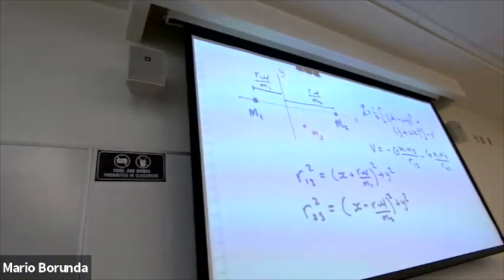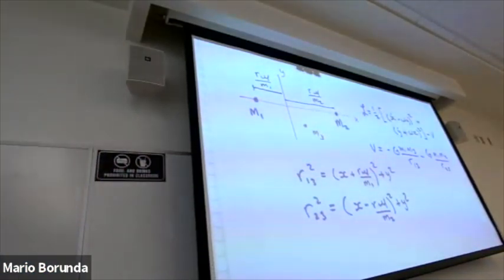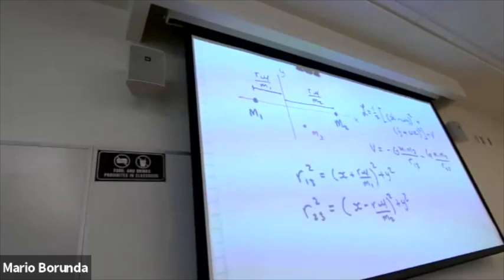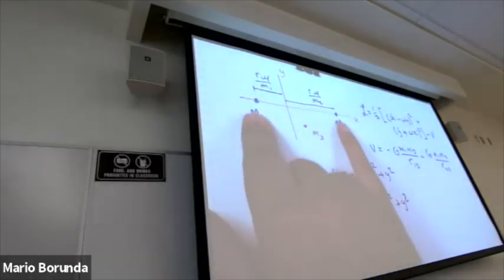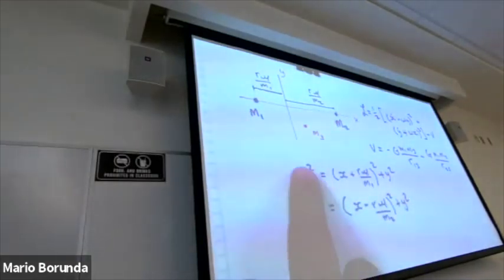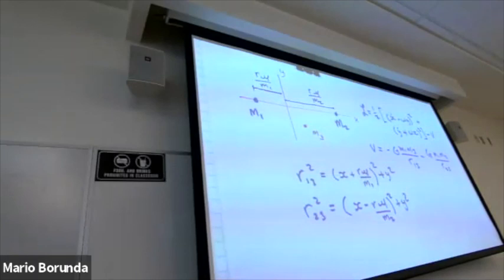We basically erase the interaction between M1 and M2 by accounting for the rotation. All right, any questions? The distance between those two guys doesn't change, right? But this distance does change. So that's our Lagrangian.